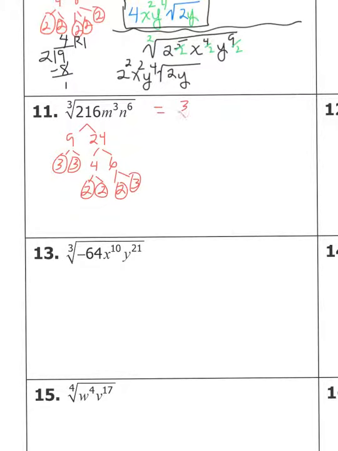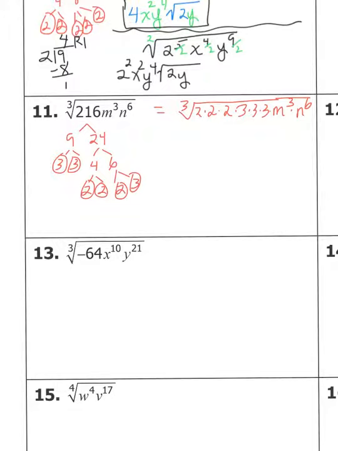Okay, so I have the cube root of 3 2s and 3 3s. And then m to the third, n to the sixth.